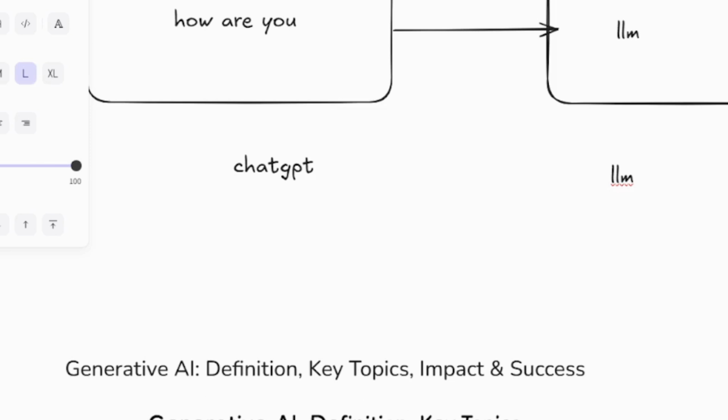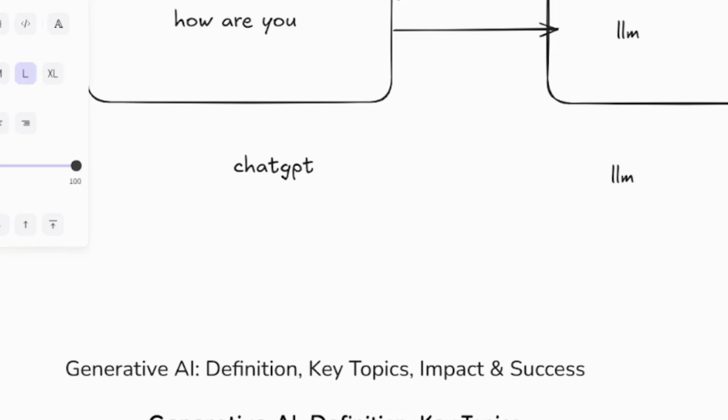Okay, so you asked the question, how are you? And this goes to the LLM, and it identifies the pattern of what you asked, and it gives a response back to you. I am fine.